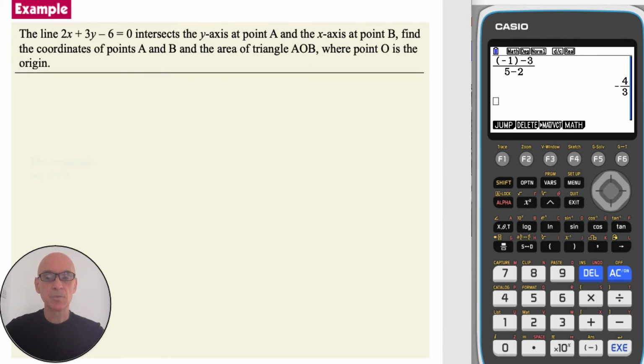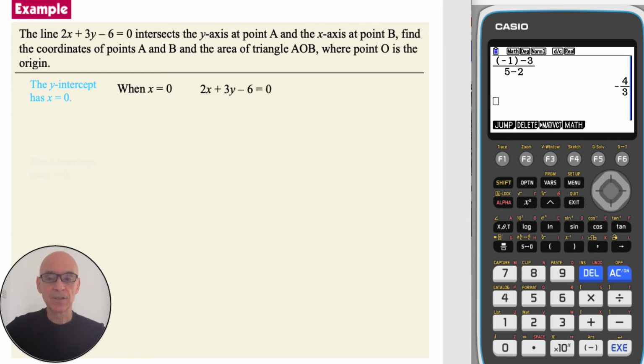In this question, we're asked to find the coordinates of points A and B and the area of triangle AOB, where point O is the origin. As the line intersects the y-axis at point A, it is the y-intercept, which has an x-coordinate equal to 0.